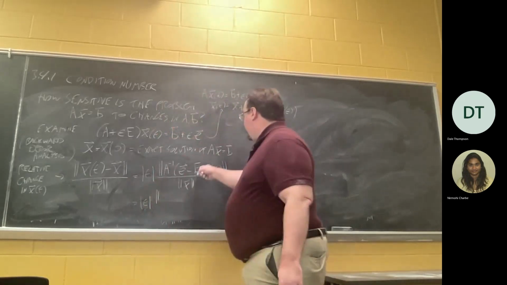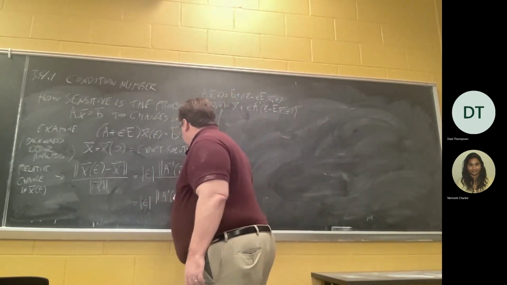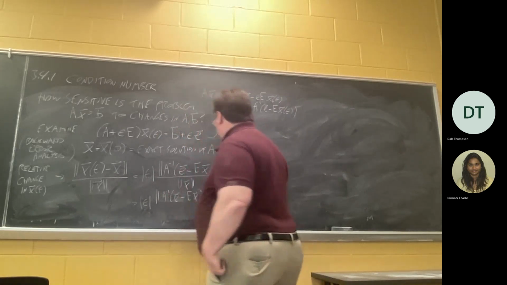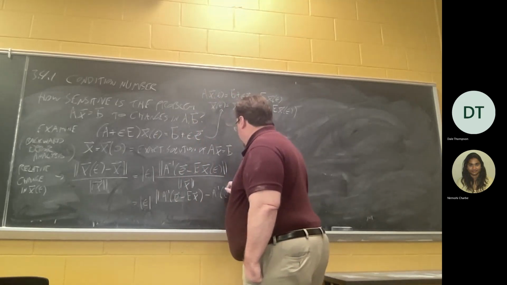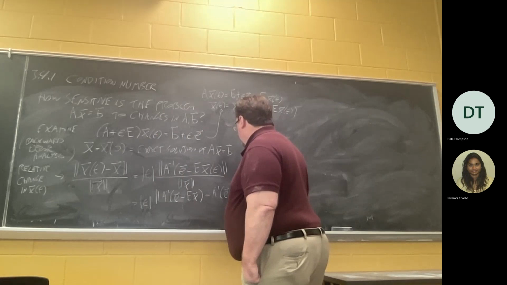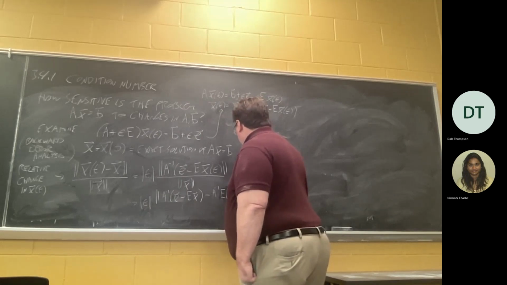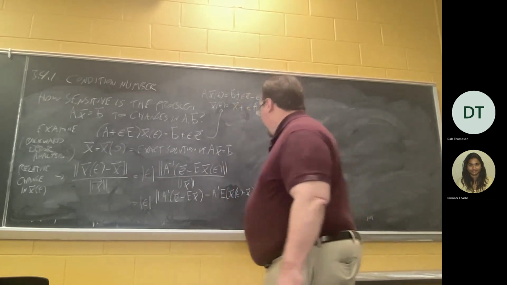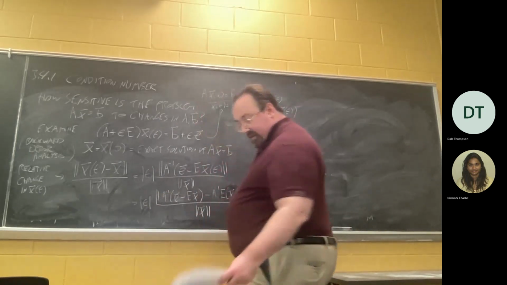So in here, I can replace capital E X of epsilon with capital E times X, as long as I compensate for it over here.